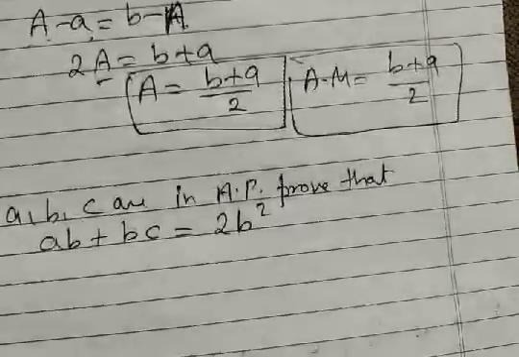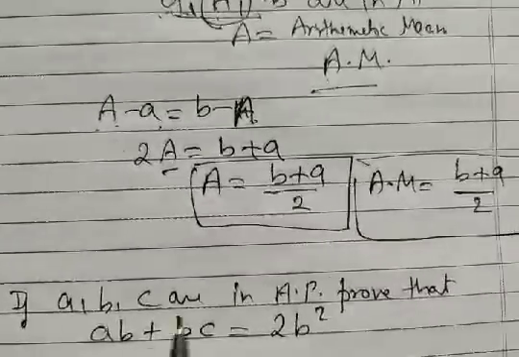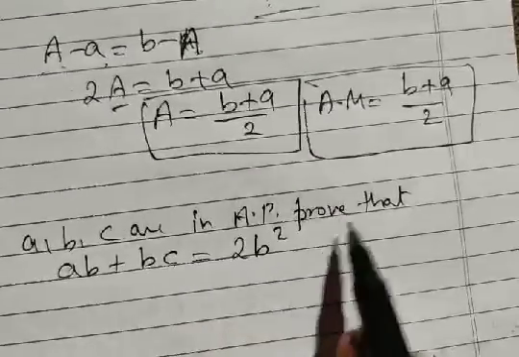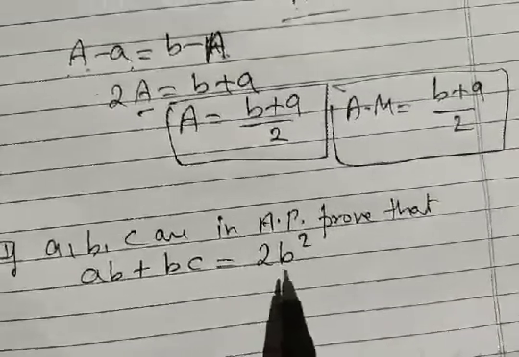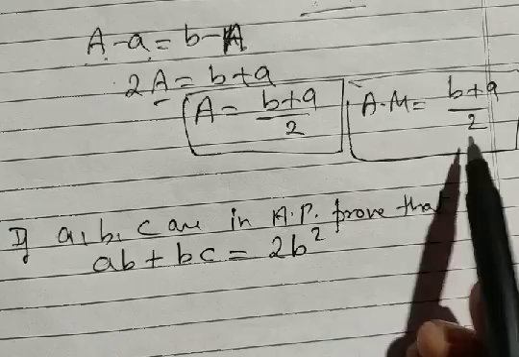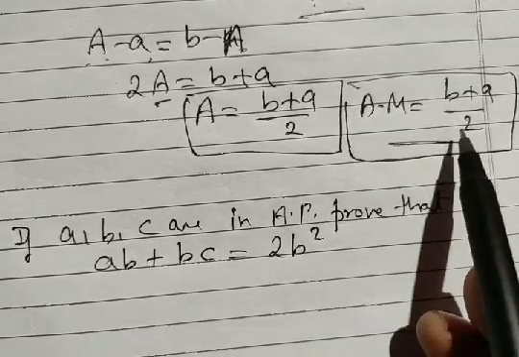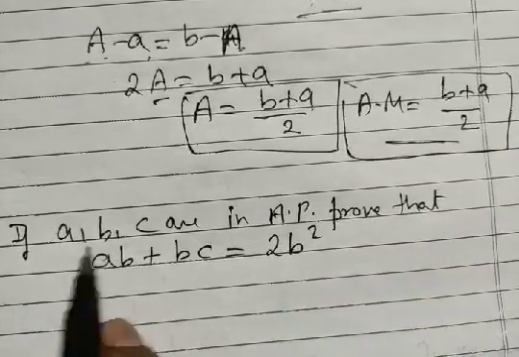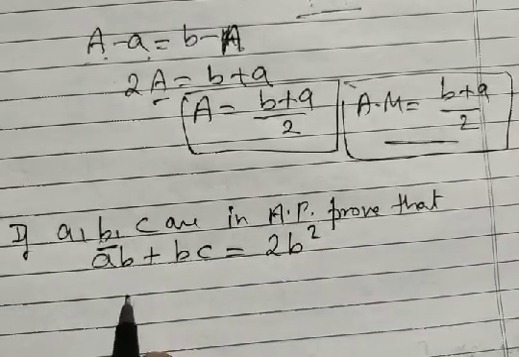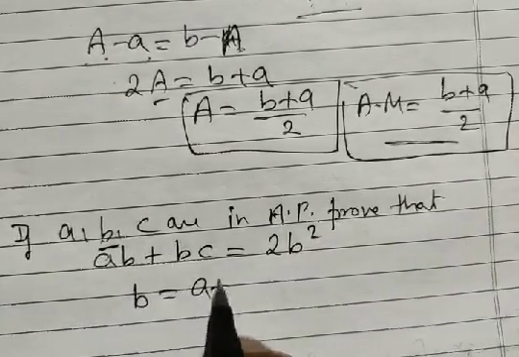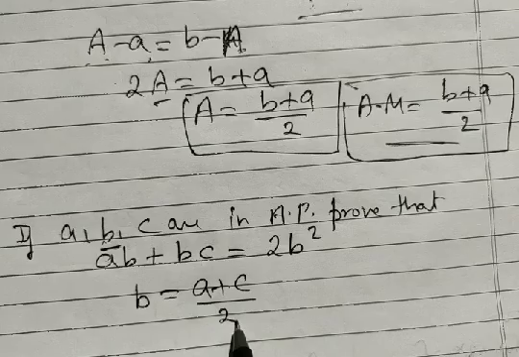Then we take some small examples. If A, B, C are in AP, prove that AB plus BC equals 2B square. It is one of the properties of arithmetic mean. Since A, B, C are in AP, B is the arithmetic mean, so B is equal to A plus C by 2.